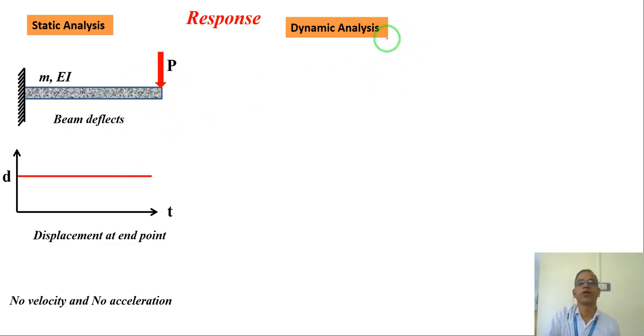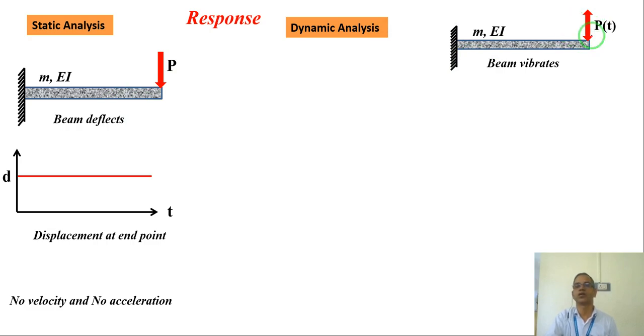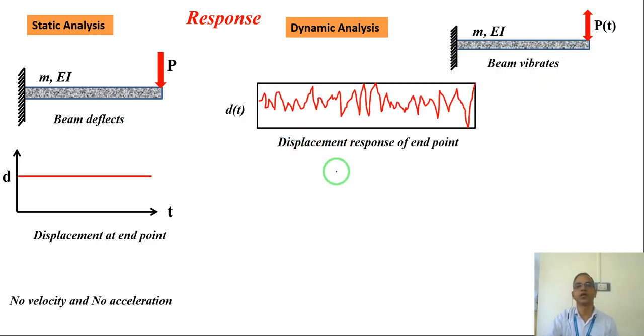But when it comes to dynamic analysis, the first response is my displacement response. That means the deflection of the cantilever beam will change over time. This is the time axis, and the displacement will vary.